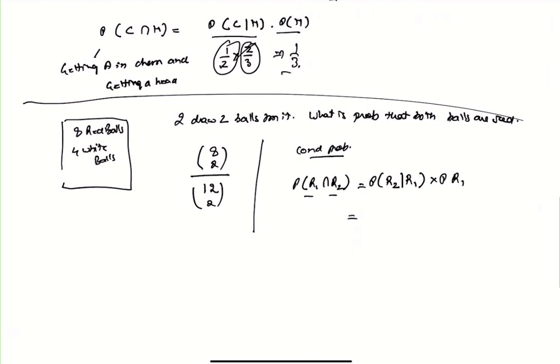The probability of R1 is going to be 8/12, and R2 after R1 is going to be 7/11. So you can get it that way also.